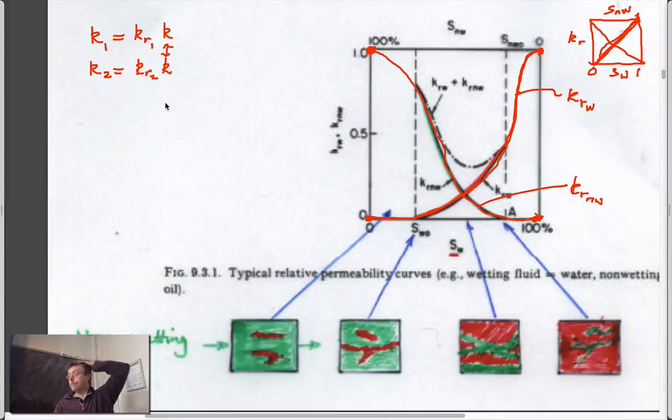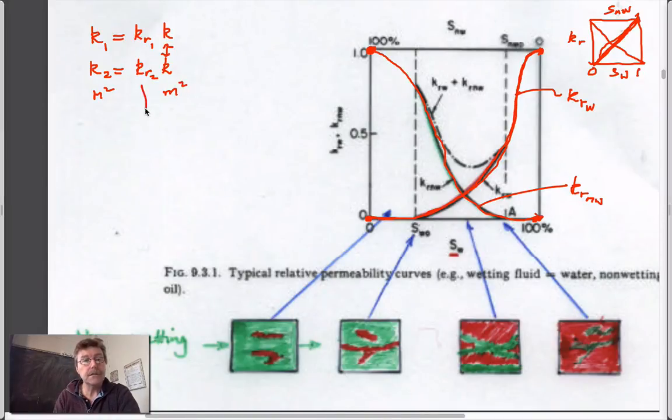Ken? How do the units work out in that equation? Because you have an effective permeability equals a permeability times a permeability. So I expect it to be a squared permeability. Well, yeah, it would be, except that the units of the relative permeability are between 0 and 1 and have no dimensions. So they work out fine. So the 1 is unitless.